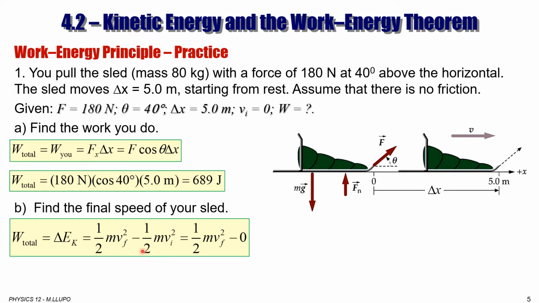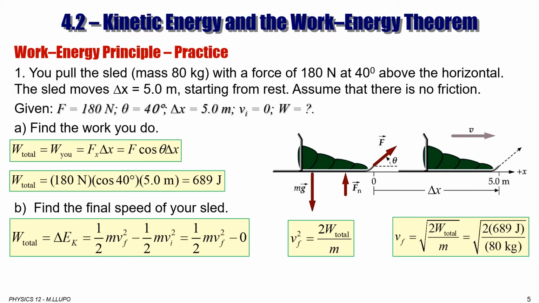So what is left on this one is half of m v square. Now we solve for V final square, which is 2 times total work divided by mass. Now we can square root it to solve for V final, and we plug numbers, and the answer is 4.15 meter per second.